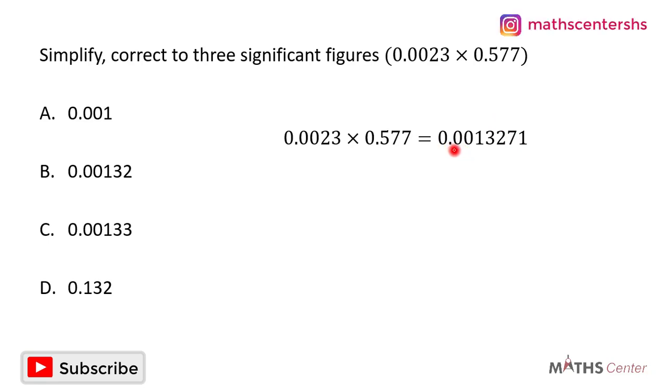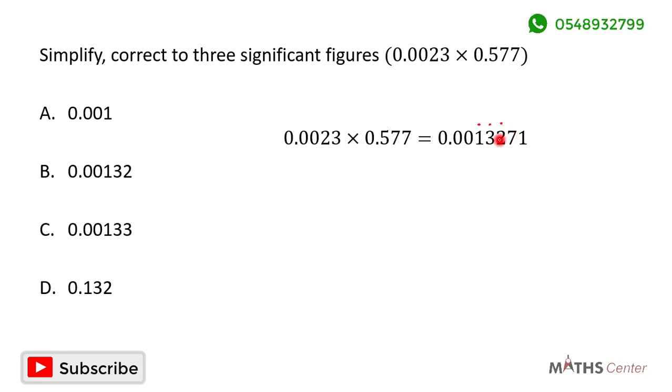In this number, the first significant figure, that is the first non-zero number, is 1. The second significant figure is 3, and the third significant figure is 2. The number after the third significant figure is 7, and 7 is more than 5, and so we will add 1 to 2.